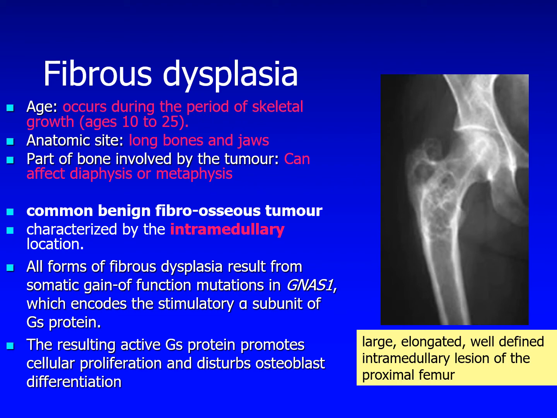All forms of fibrous dysplasia result from gain-of-function mutations in the GNAS1 gene, which encodes the stimulatory alpha subunit of the G protein. The resulting active G protein promotes cellular proliferation and disturbs osteoblast differentiation.